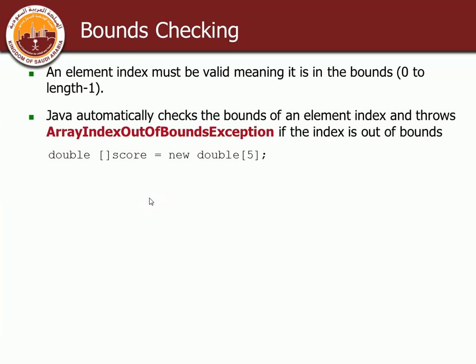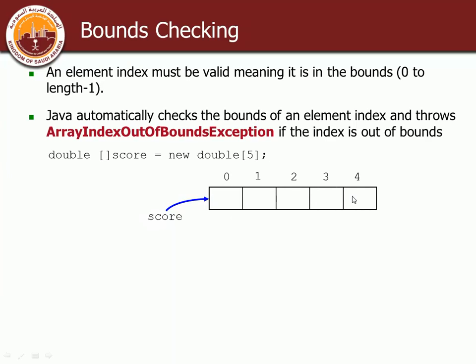Let's take an example. For example, I have this array of size from 0 to 4. If I write something like this, it's okay because 3 exists. What about something now that is like this? Well, if you type it in NetBeans or JCreator or any IDE, it will not tell you that you have a mistake.